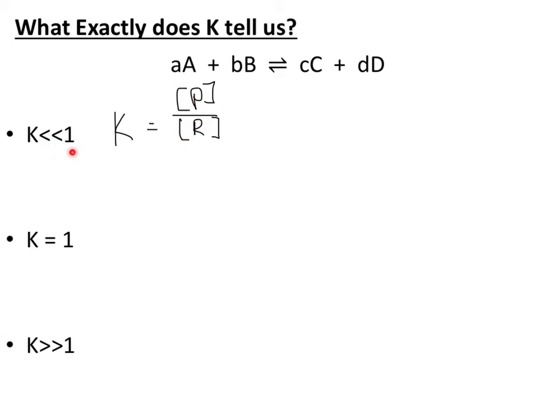And so what this means is if my K value is less than 1, the concentration of products is less than the concentration of my reactants. And that's important. What I'm telling you is that if I'm looking at my reaction up here, if my K is less than 1, my reaction does not progress very far to the product side.